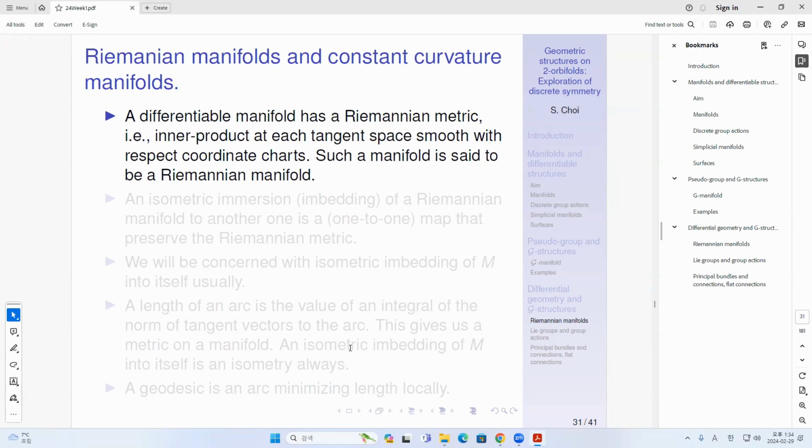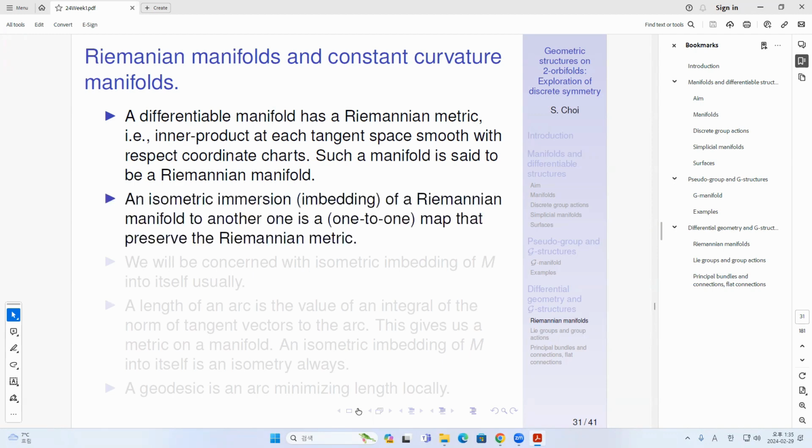So let's look at the Riemannian manifold and constant curvature manifold. A differentiable manifold has a Riemannian metric. That is, you give each tangent space an inner product which is smooth with respect to some coordinate charts. So if you write it in terms of a coordinate chart, it's smooth. Such a manifold is said to be a Riemannian manifold.